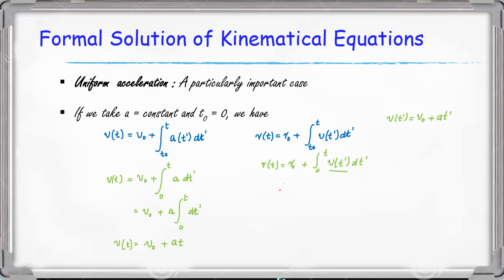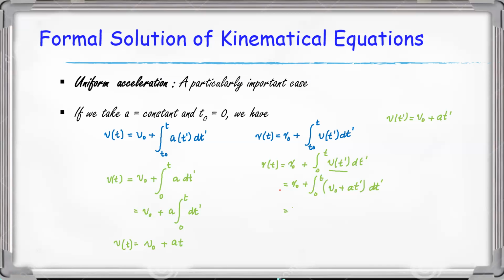Then r0 plus the integral from 0 to t, and in the place of v of t dash I write in brackets v0 plus a t dash, dt dash.